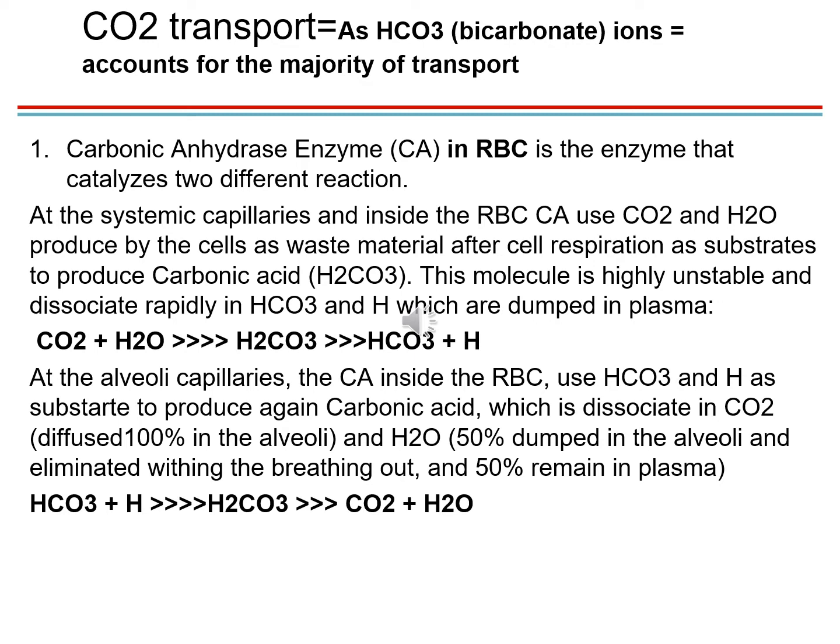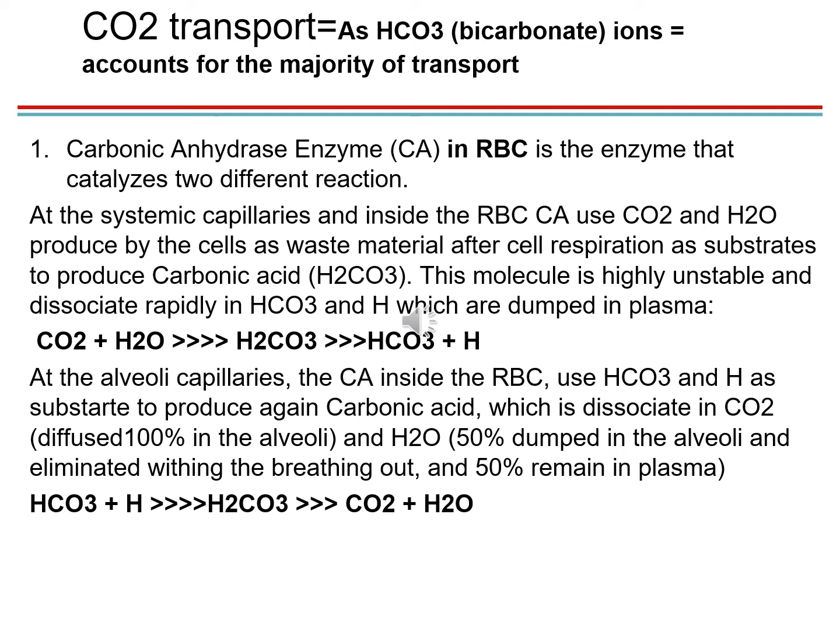After they produce ATP, the waste material is carbon dioxide and water. These are the two substrates used by the carbonic anhydrase, and the final product is carbonic acid. This carbonic acid, as I mentioned before, is a very unstable, very weak molecule, and is rapidly dissociated into bicarbonate and hydrogen. These two molecules, bicarbonate and hydrogen, are dumped in the plasma.